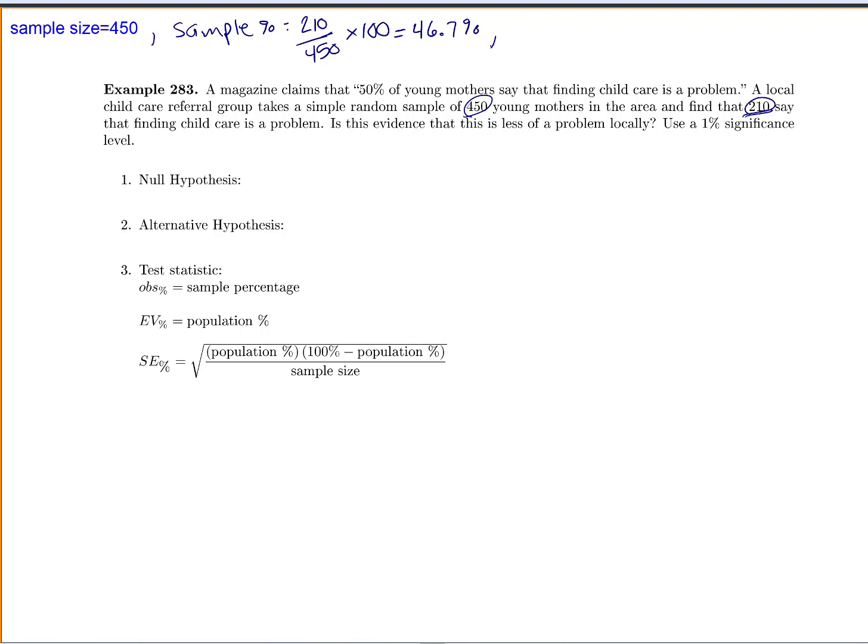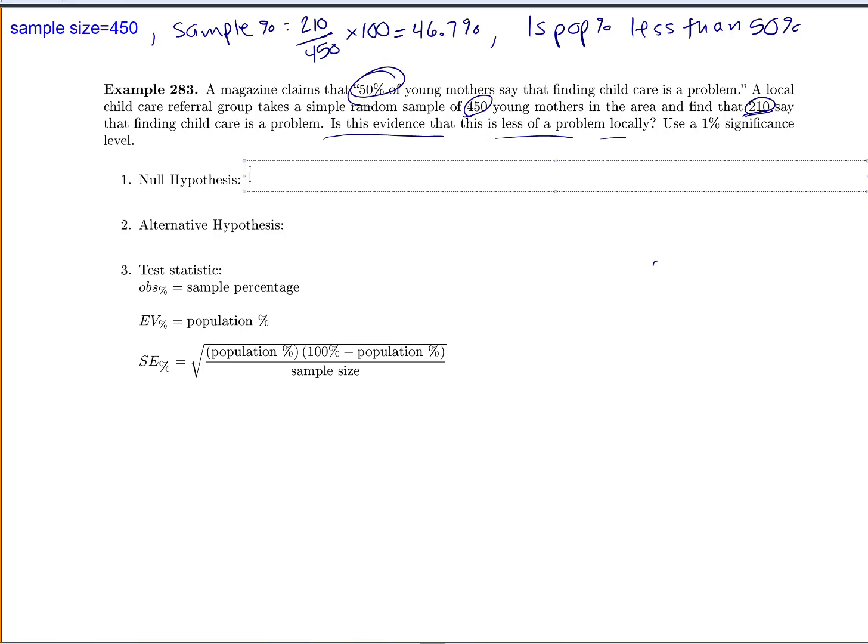And what was our question of interest? Is this evidence that it's less of a problem locally? So we want to know, is the population percent less than, what are we comparing it to? We're comparing it to the national claim the magazine was making.